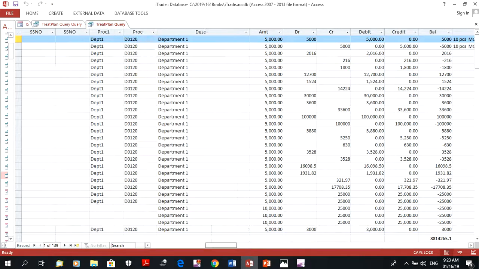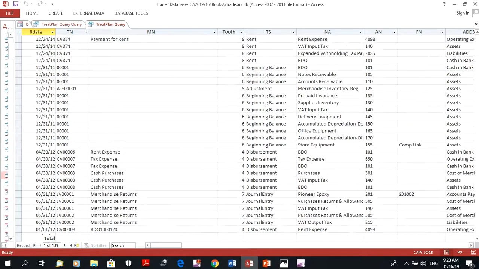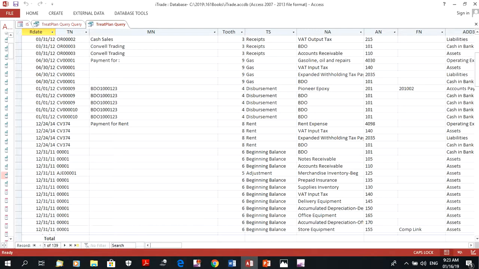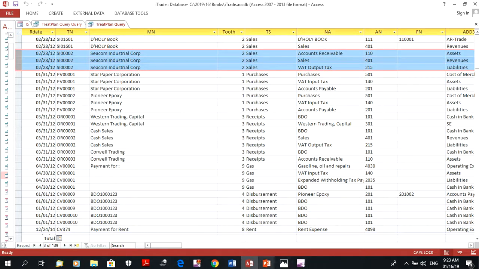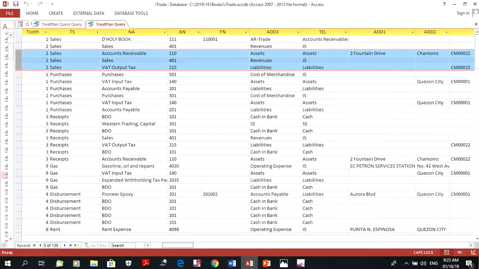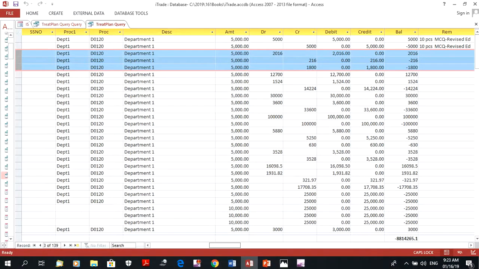So let's look for that account. Let's say in our sales transaction, let's look for that account. Okay, here. So this is the transaction we were talking about a while ago, and the AR account, you see, the debit and credit is here, and this is the balance. The balance captures your debit and credit transaction.